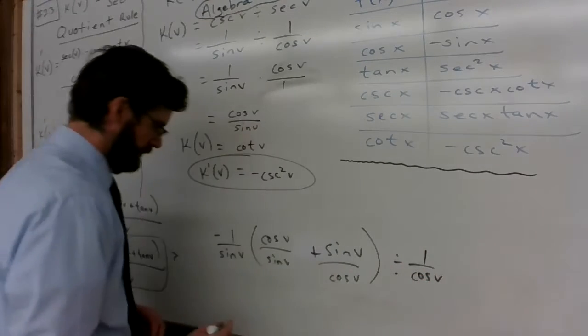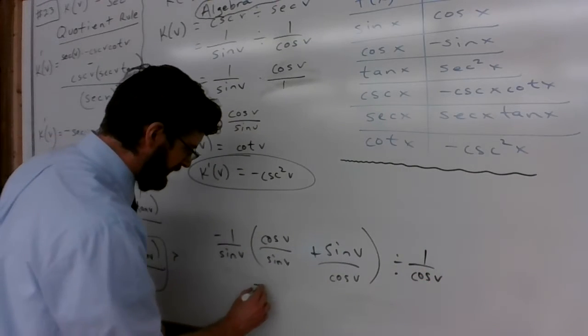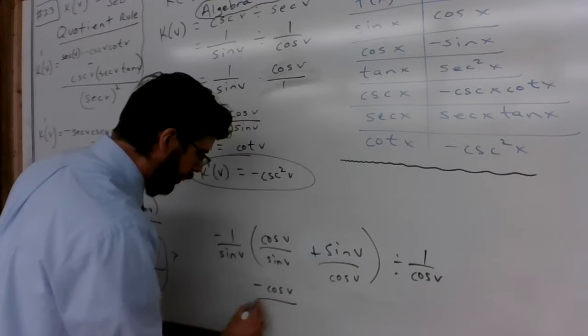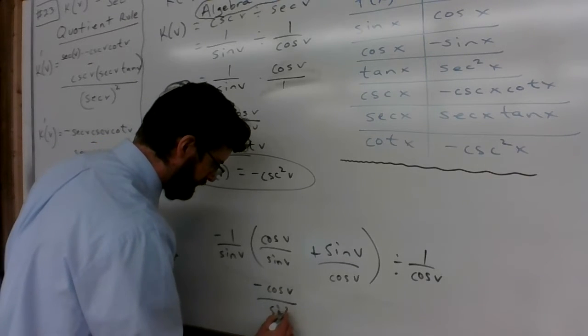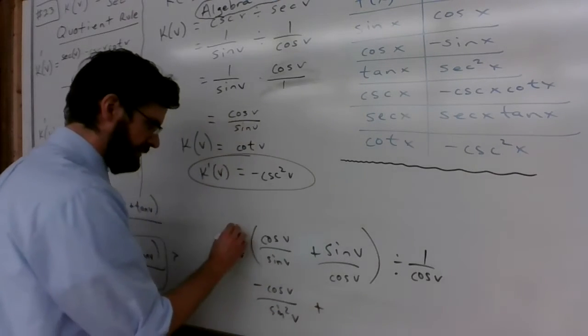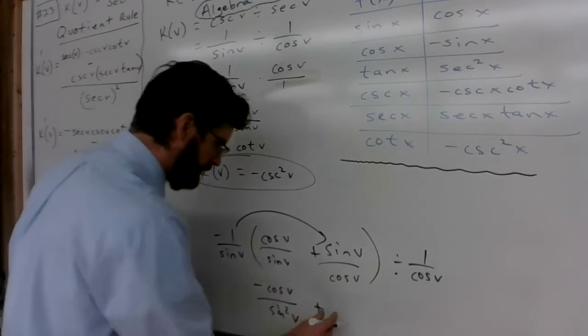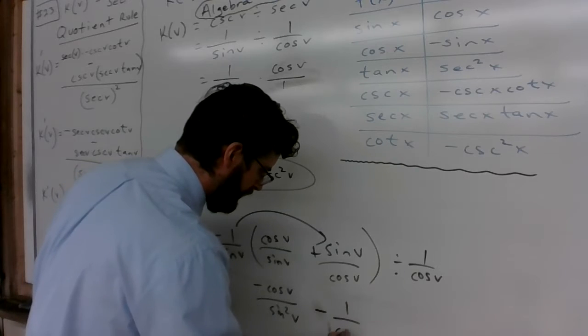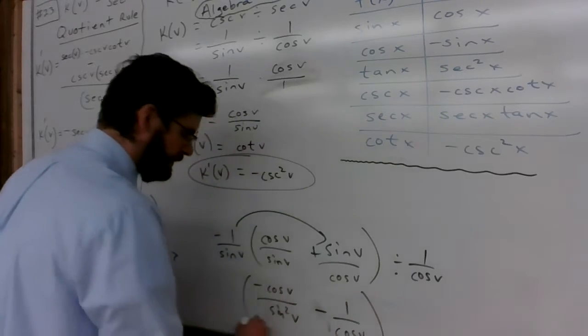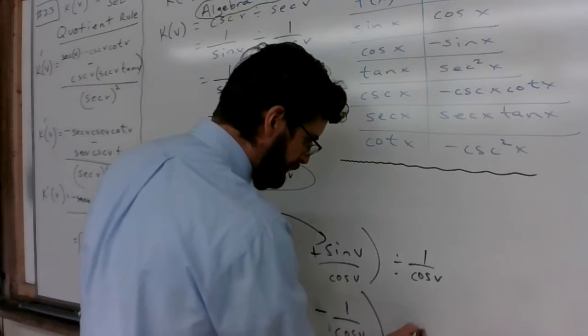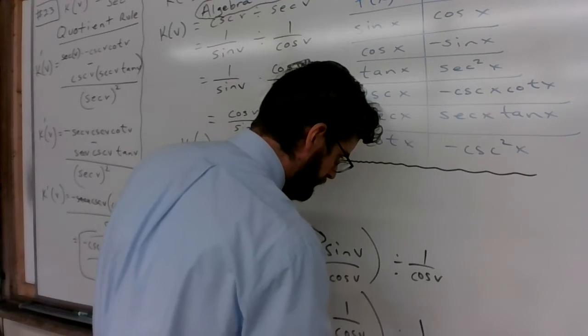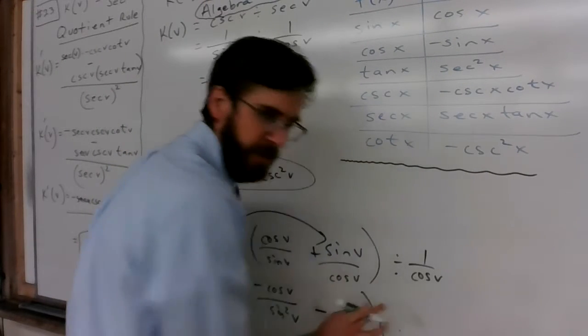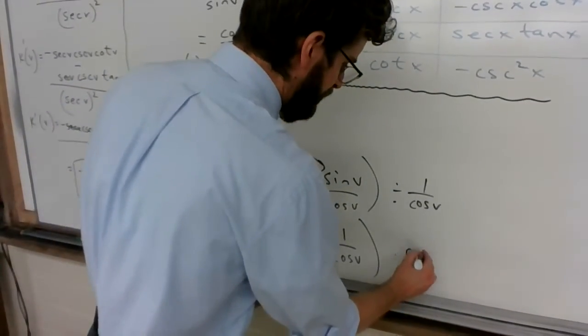So I could distribute this, I'd get negative cosine of v over sine squared of v plus, these signs will cancel, so it's minus 1 over cosine. And then flip the second and multiply. Man, I did that twice now. Can you guys see that? You can barely see it. There you go. Cosine of v over 1.